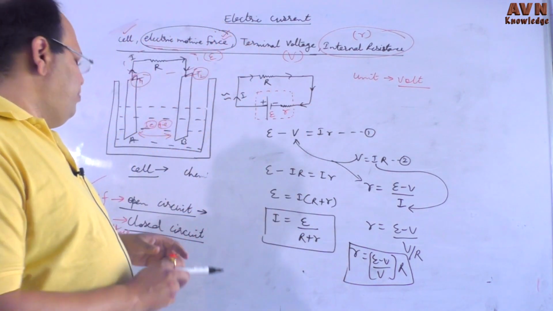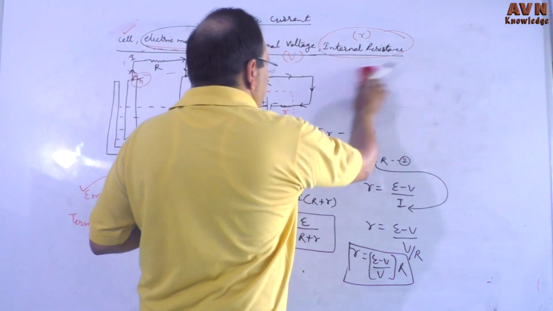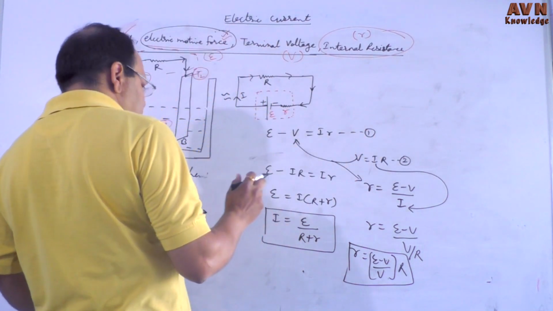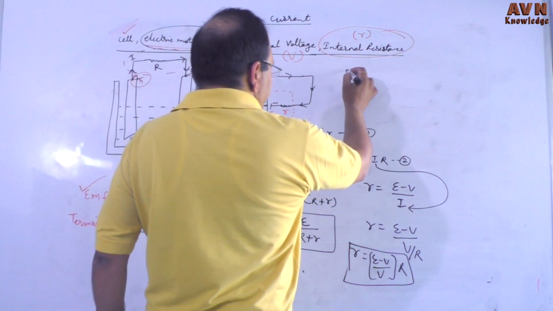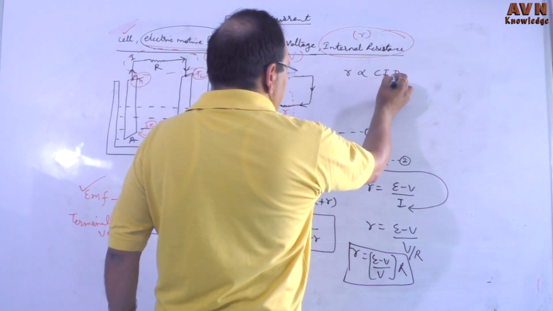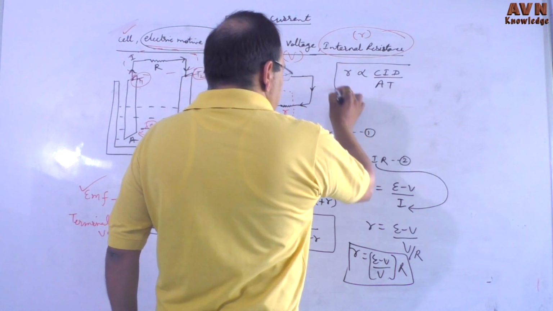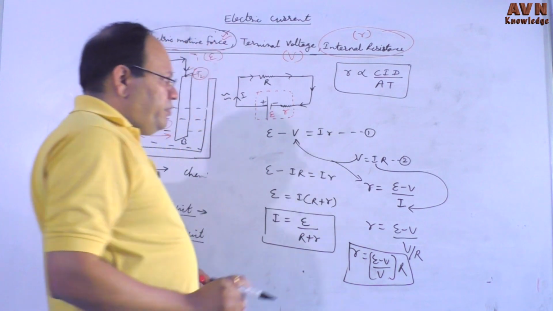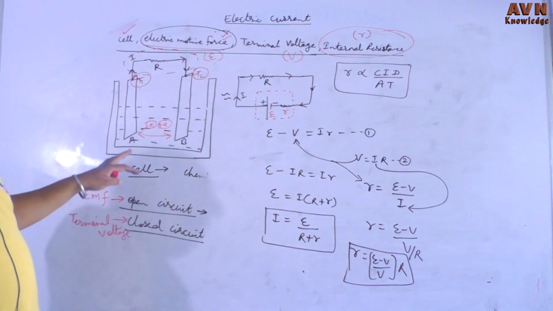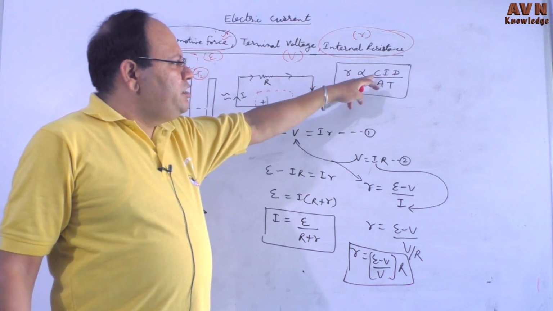What are the major factors of internal resistance? The internal resistance r is proportional to C I d upon A into T. When we use the internal resistance, what is C?